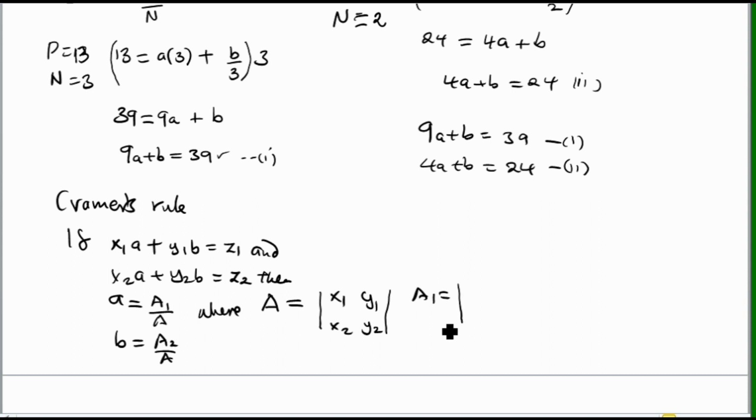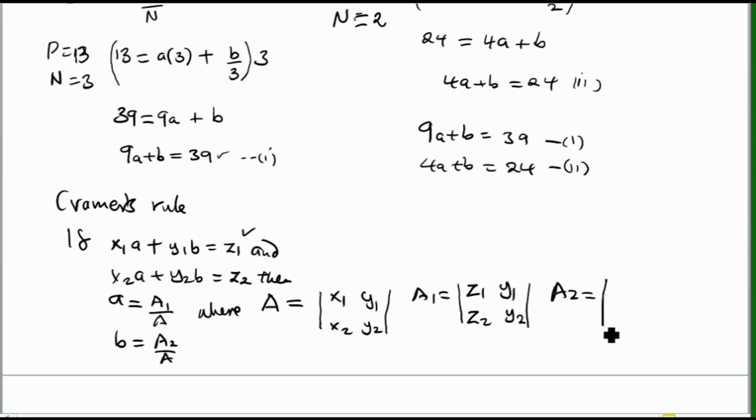A1 equals the determinant of the matrix when the coefficients of A are replaced by the right hand side of the equal values, that is z1, z2, y1, y2. So y1, y2 stays.